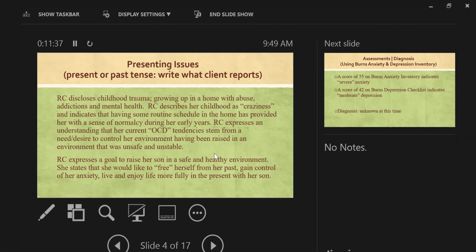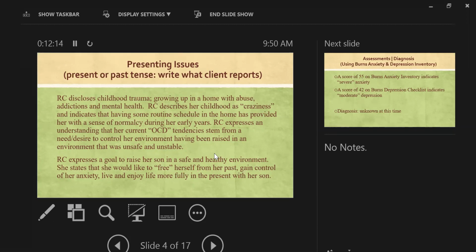So RC discloses childhood trauma, growing up in a home with abuse, addictions, and mental health. RC describes her childhood as, I use her word, craziness, right? And indicates that having some routine schedule in home has provided her with a sense of normalcy during her early years. RC expresses an understanding of blah, blah, blah.